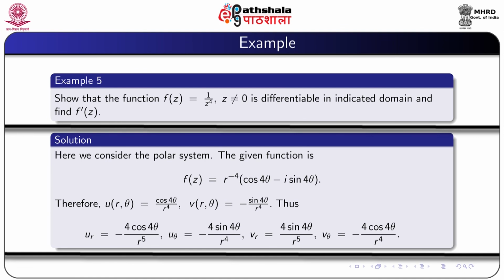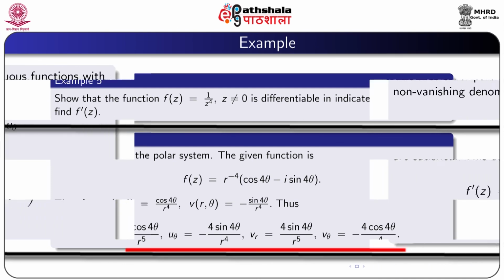So, differentiating with respect to r and θ separately, we get u_r = -4 cos 4θ / r^5, u_θ = -4 sin 4θ / r^4, v_r = 4 sin 4θ / r^5, and v_θ = -4 cos 4θ / r^4.